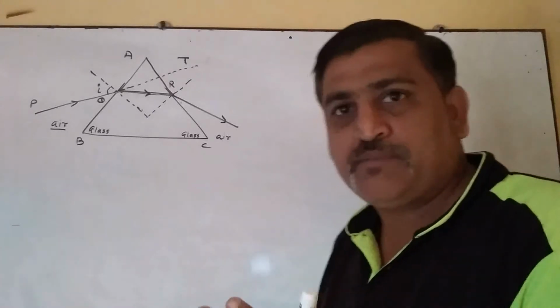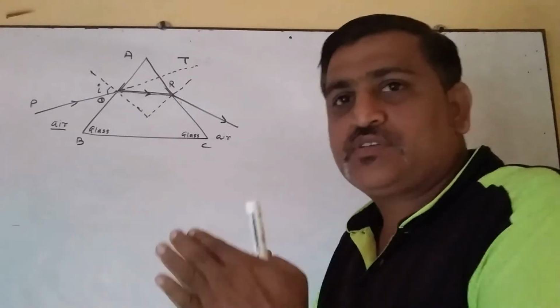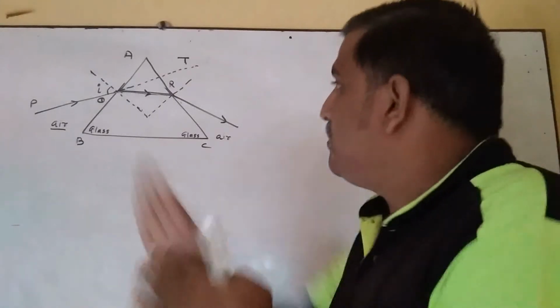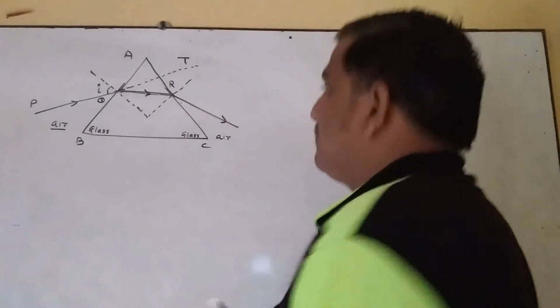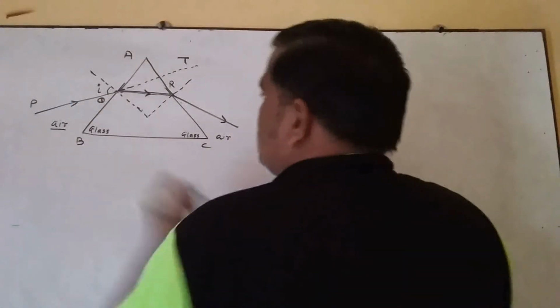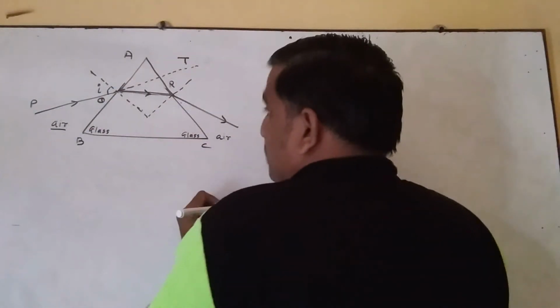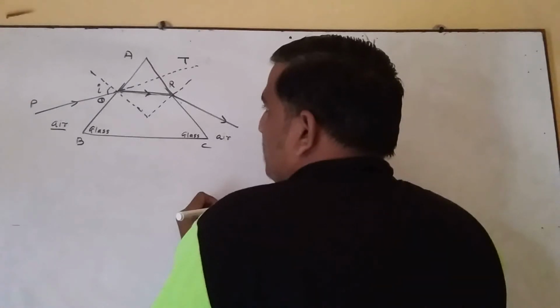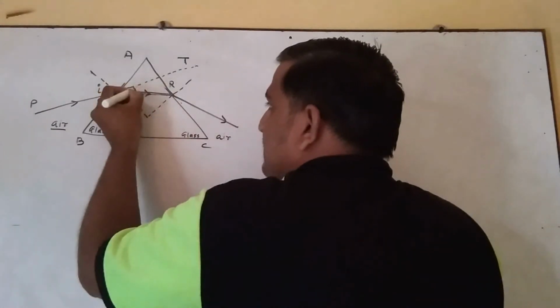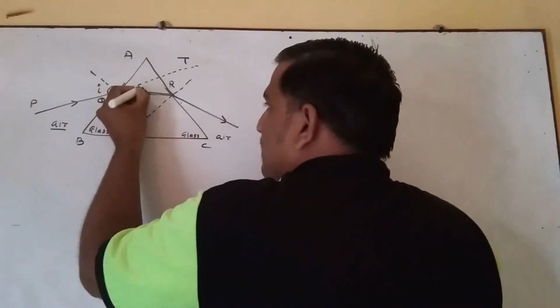But due to the prism, the first interface makes a refraction, it changes its path and turns toward the base of the prism and passes along the path QR by deviation delta 1.